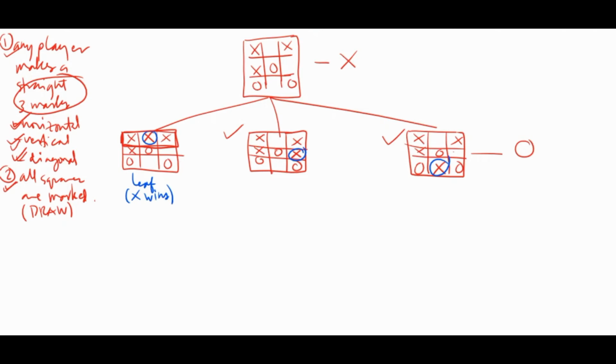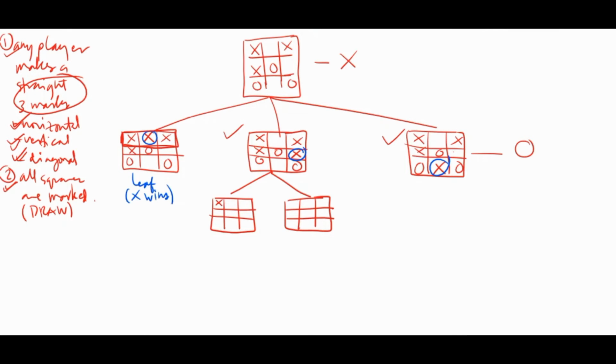Now, this is not a leaf node yet because there's no winner or loser yet, and there are still 2 vacant squares. So player O can continue placing the mark O on any of these 2 vacant squares. So since there are 2 legal moves, there will also be 2 transitions. So say this is the first one and the second one.